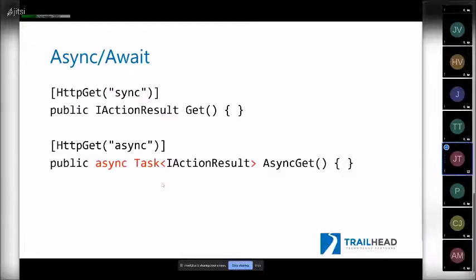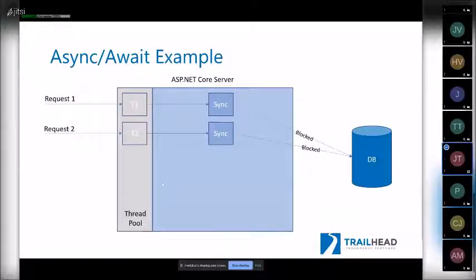And all you really do is change your response type to a Task of the response type that you want, and then mark it with async. And then all your other async code within that controller method can be async if you want at that point. The benefit of that, I have this little diagram to show.